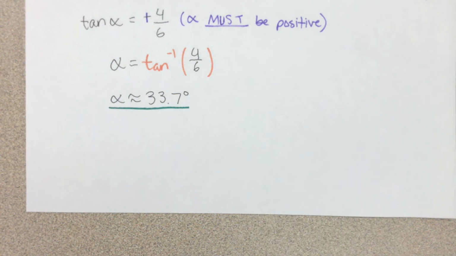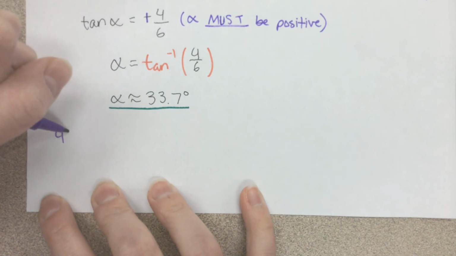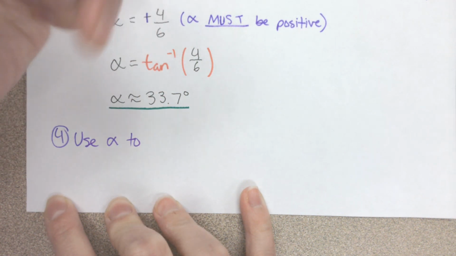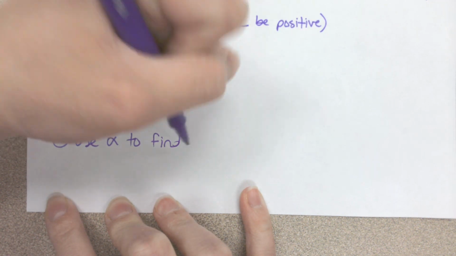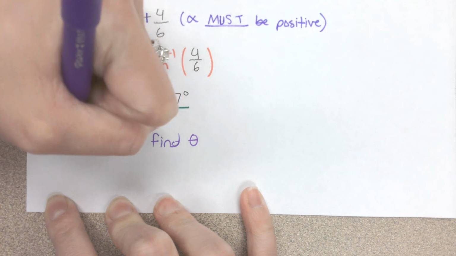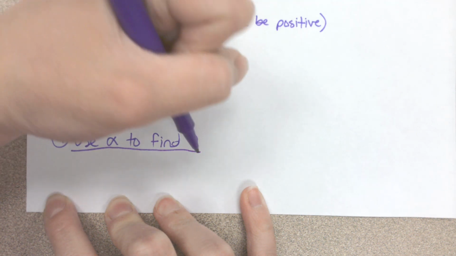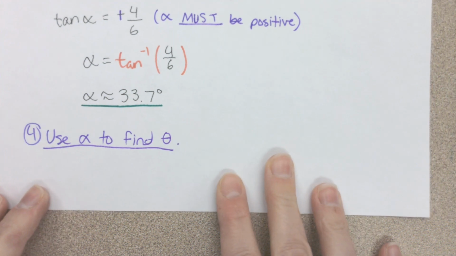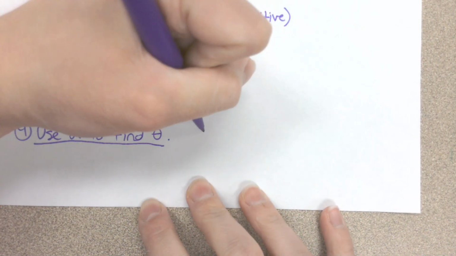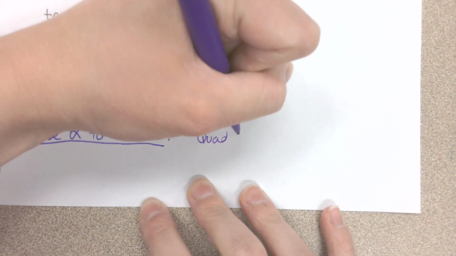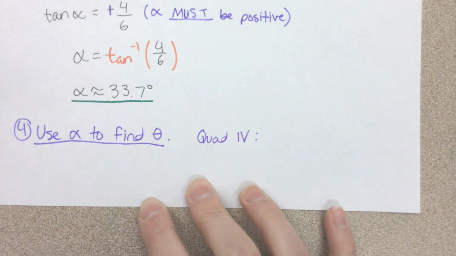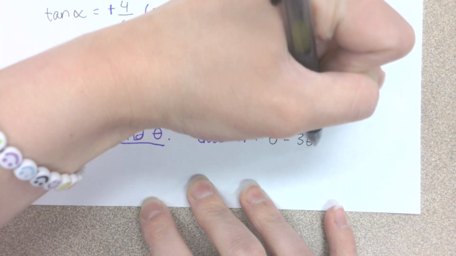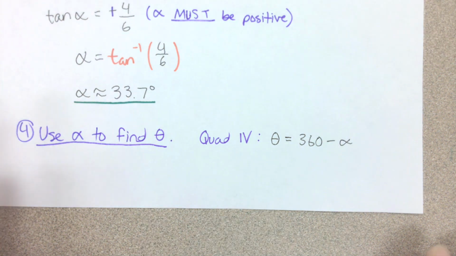So step 4. Use alpha to find theta. And again, that just depends on which quadrant you're in. So we're in quad 4. In quadrant 4, theta equals 360 minus alpha. That's the rule.